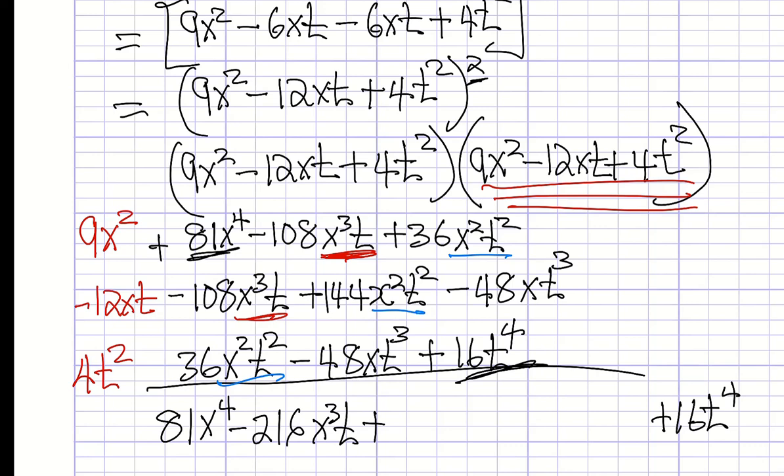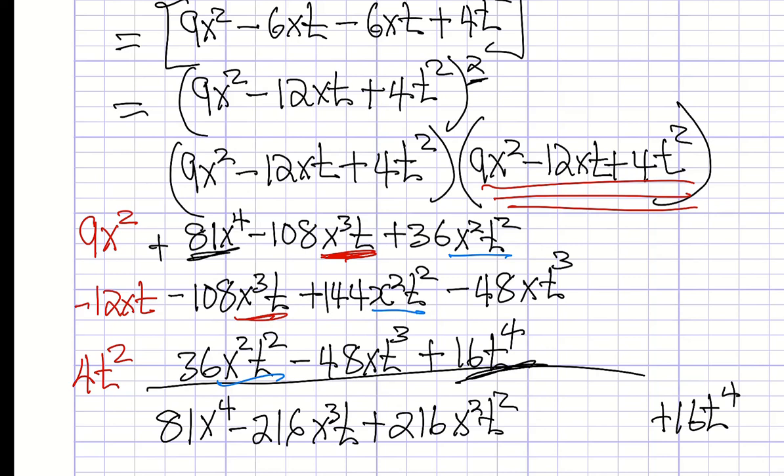So we'll say 36 plus 144 plus 36 again. I hope we're doing it right. No, sorry. Yeah, we're doing it right. So it's going to be 216, and it's going to be positive, right? It's x raised to the power 2, t raised to the power 2. And then we'll have only one left.